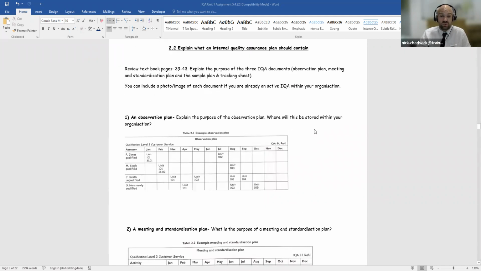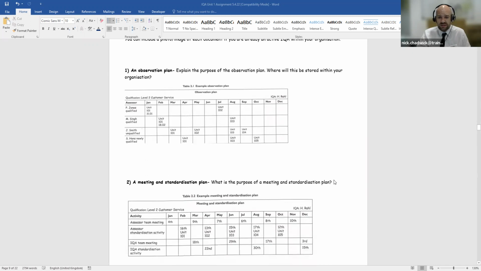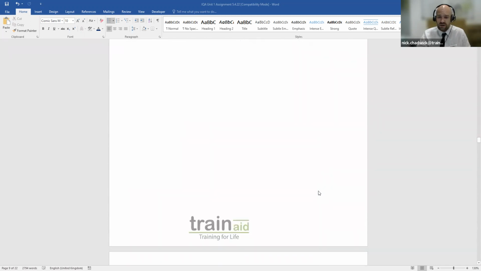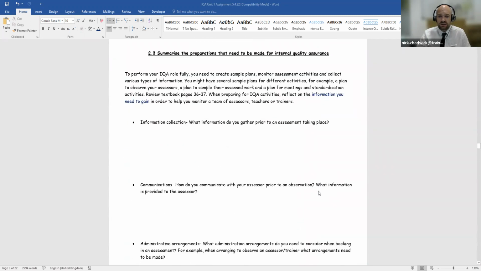If you're already taking part in a provisional IQA role, then do feel free to include those photos. You'll see these photos within the textbook as well. So hopefully that criteria is nice and simple and straightforward.